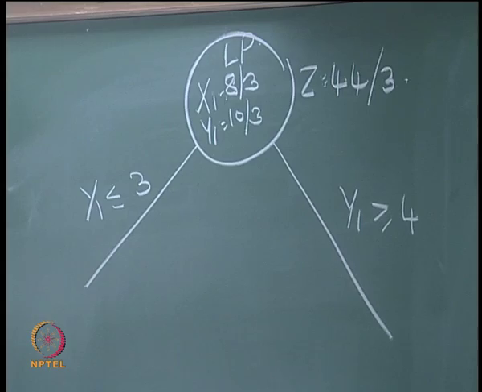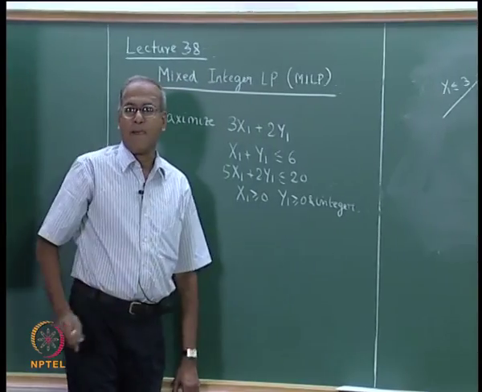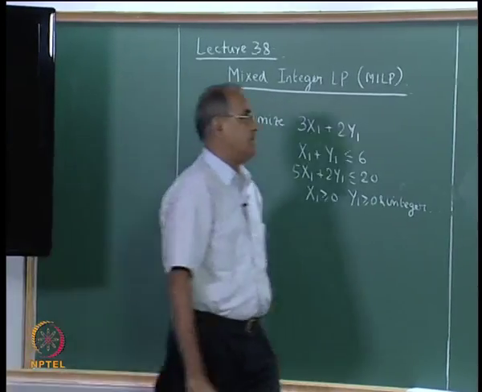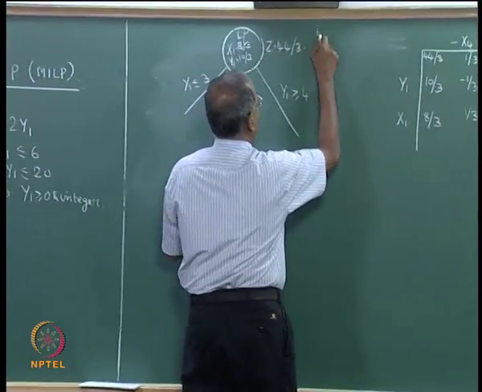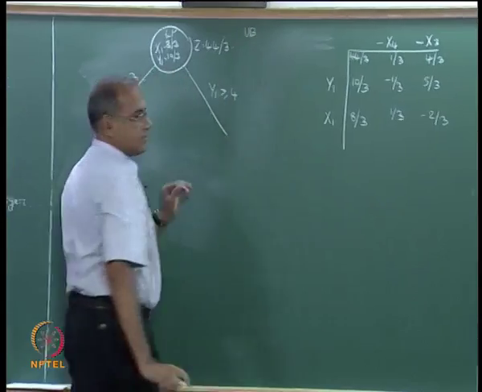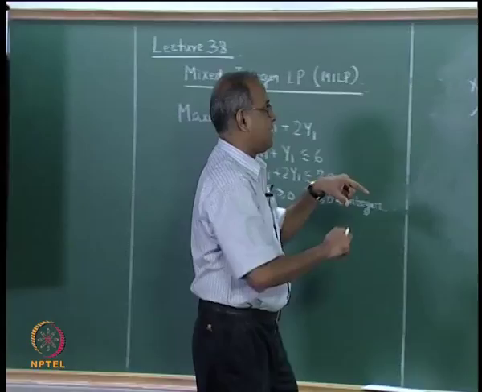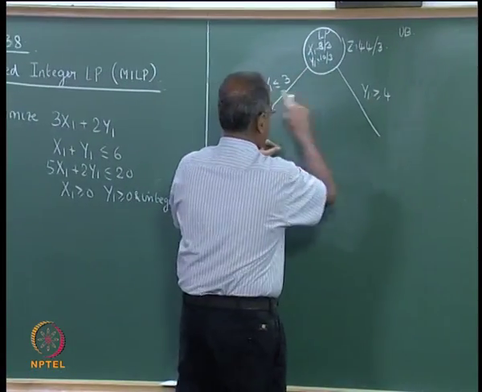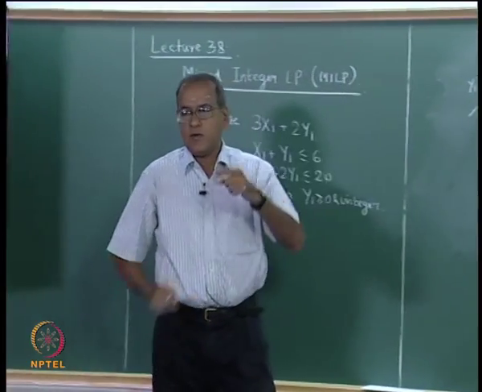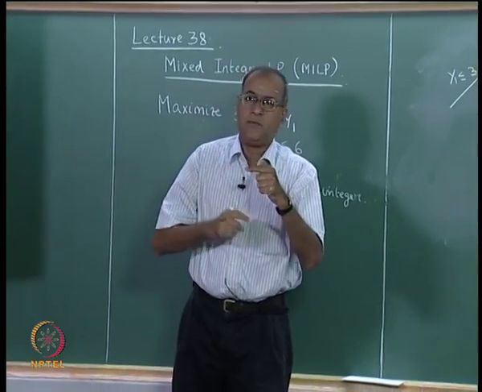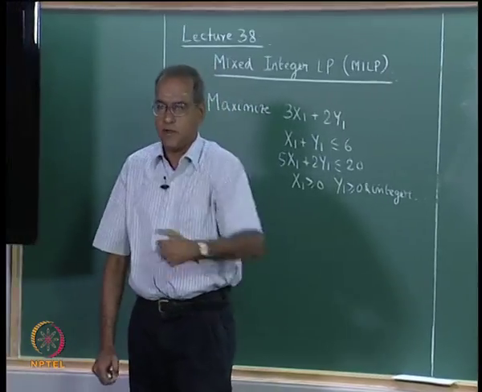And because it is a maximization problem, the LP optimum is an upper bound to the MILP optimum, because what we are essentially doing is creating nodes by adding constraints. When you add a constraint to a maximization problem, the value of the objective function will only reduce.